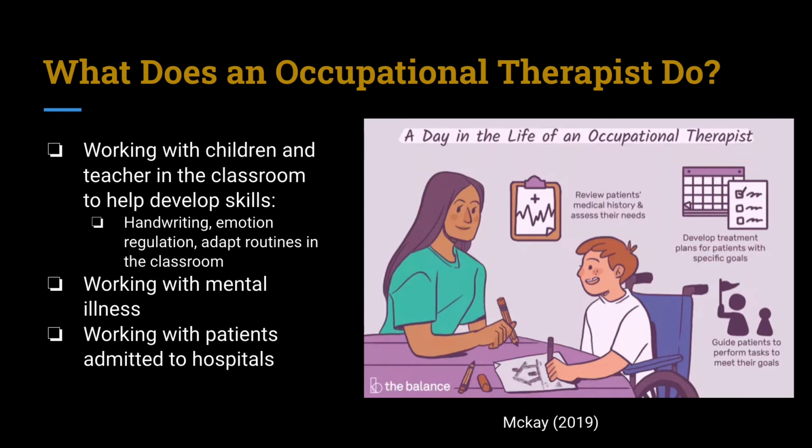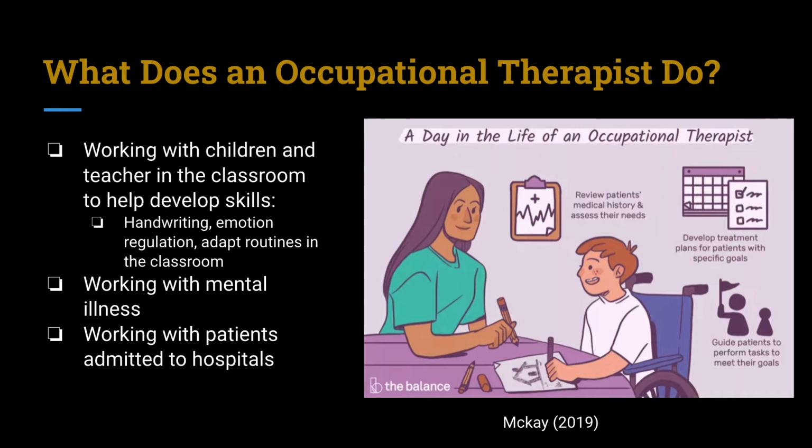What does an occupational therapist do? This is just an example of occupational therapy, like working with children and teachers in the classroom to help develop skills such as handwriting, emotion regulation, and adapting routines in the classroom. Most of the time, children with disabilities have a hard time developing routines in the classroom.